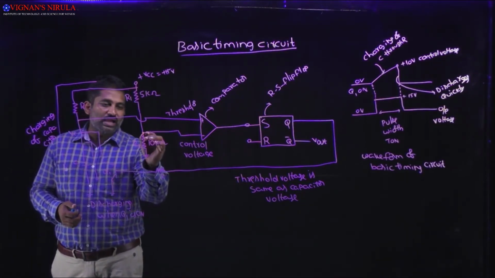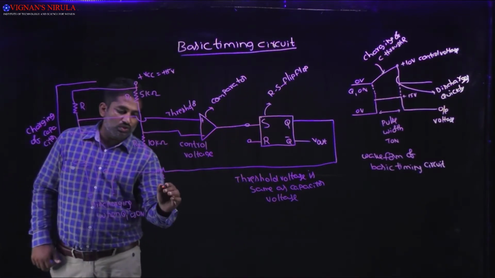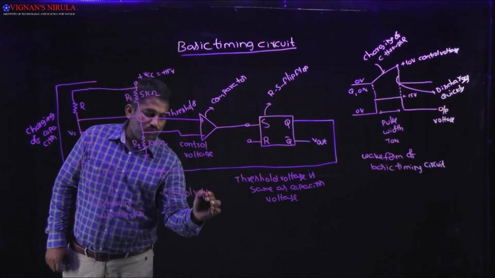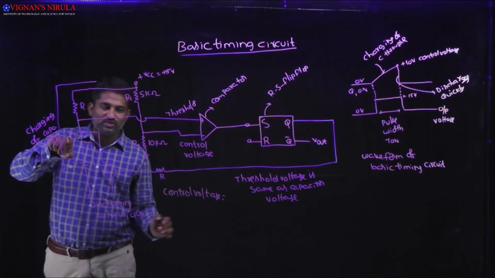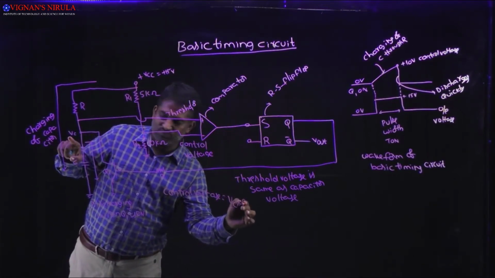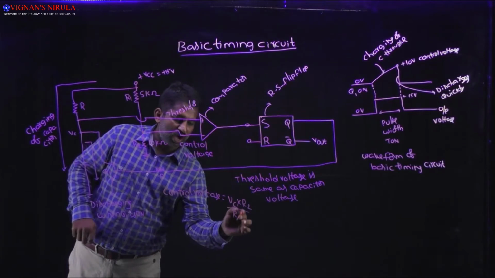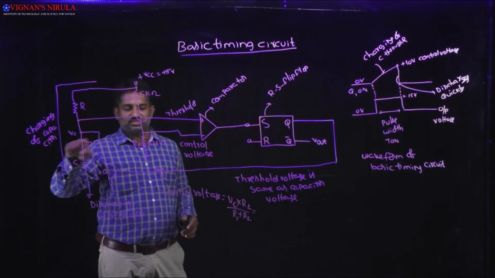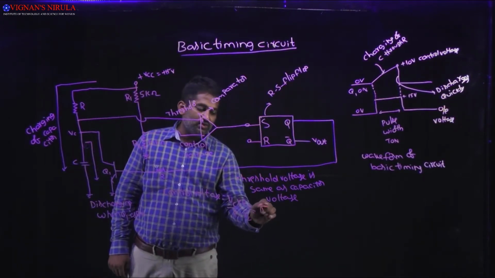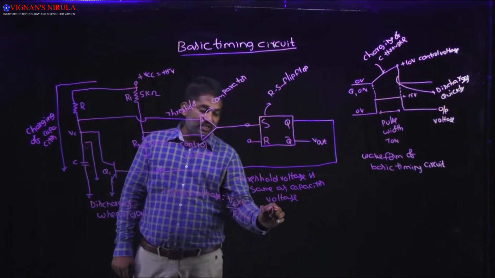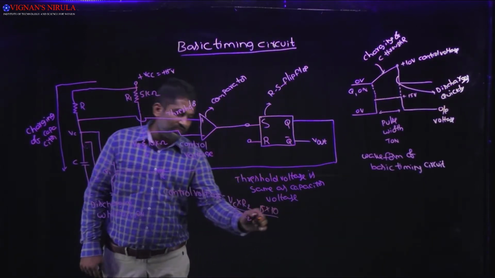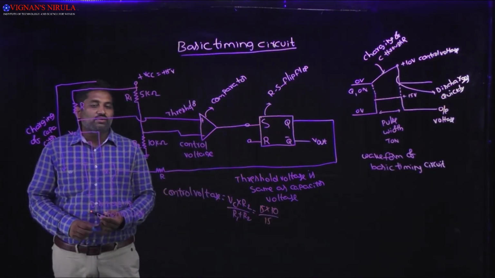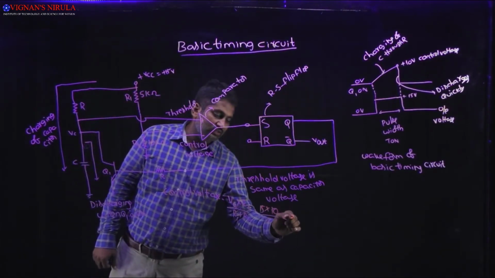If you want to calculate the voltage at this position, the control voltage is equal to VCC into R2 divided by R1 plus R2. And we consider VCC as 15, R2 as 10, and R1 plus R2 as 5 plus 10, which is 15. So 150 by 15, we will get 10 volts.